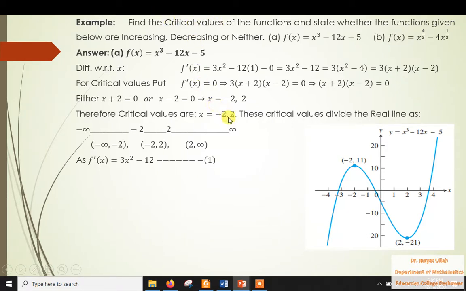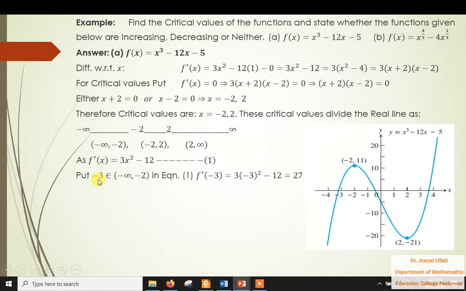And now we are in search of whether the function is increasing or decreasing. So we have these three portions in front of you. Take f prime x and take any value between minus infinity and minus 2.